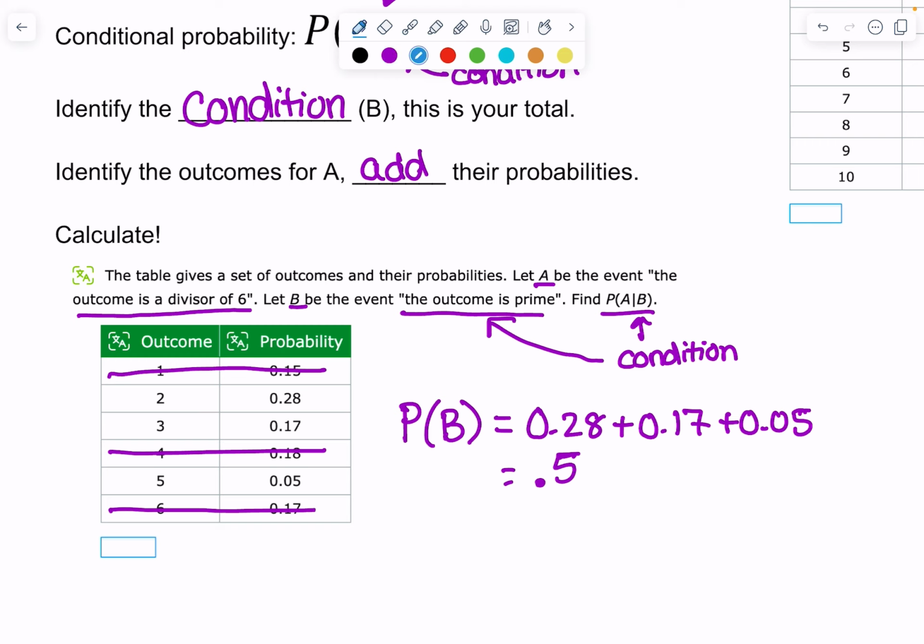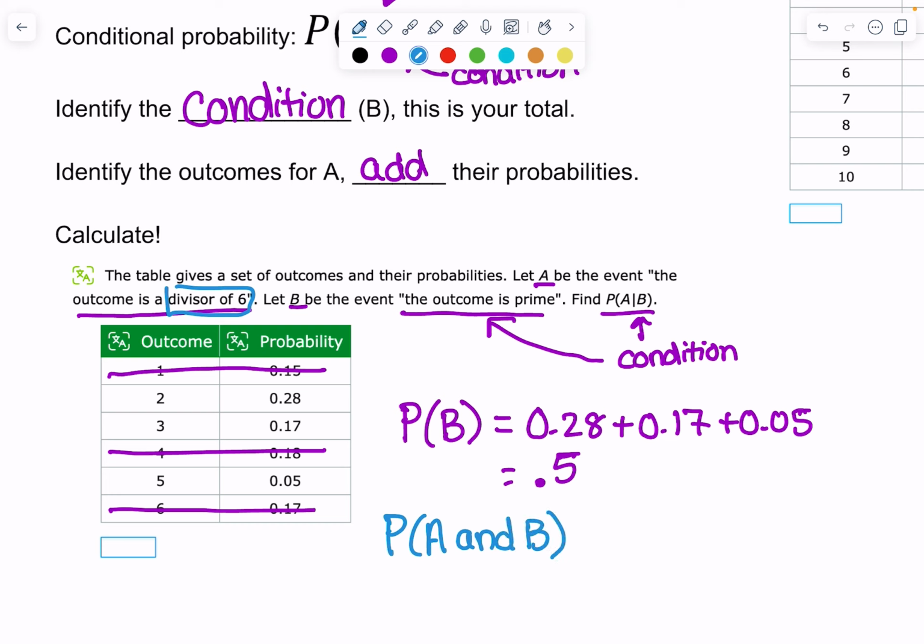Now from what's left, we're going to look at event A, which is a divisor of 6. So looking at what's left, we're thinking, what is a divisor of 6? This is essentially us looking for the probability of A and B, right?